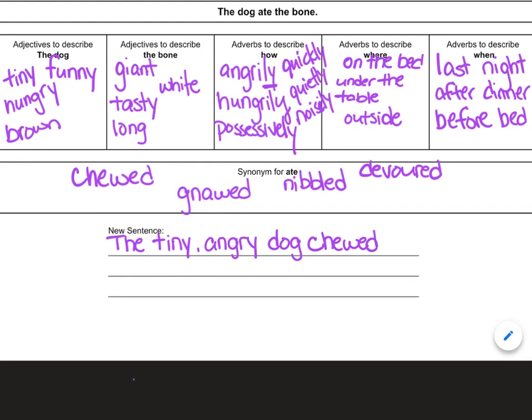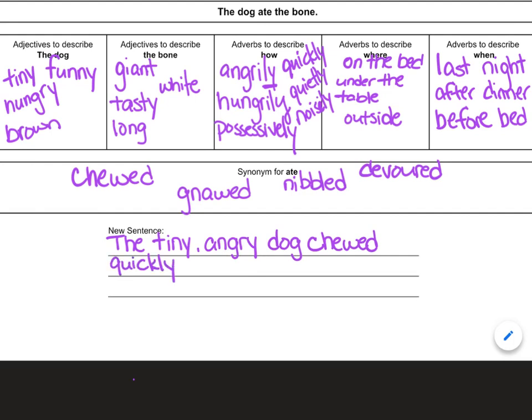And then I'm going to decide, how did the dog chew the bone? I can't use angrily because I already said that the dog is angry, so that doesn't make sense. So let's see. Maybe let's go with quickly, because maybe she's trying to eat it before somebody takes it away.